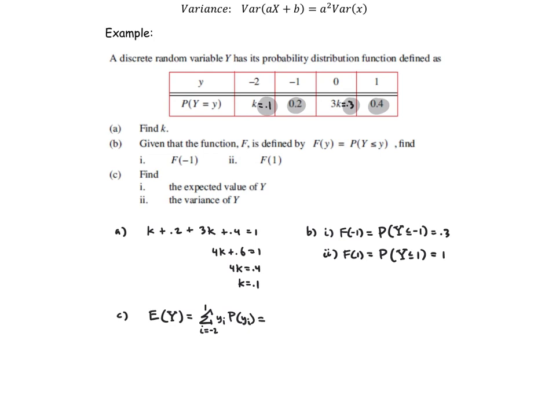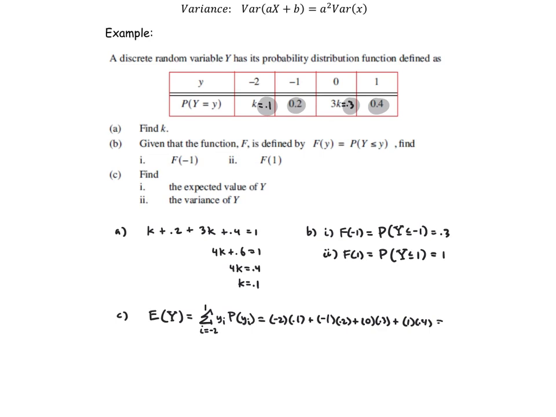So it's just the sum of each of the y values times their probabilities. The first would be -2 times 0.1, the second, -1 times 0.2, the third, 0 times 0.3, and the fourth, 1 times 0.4.